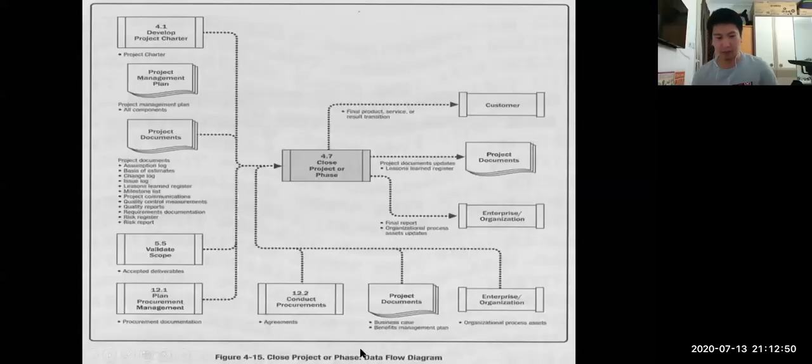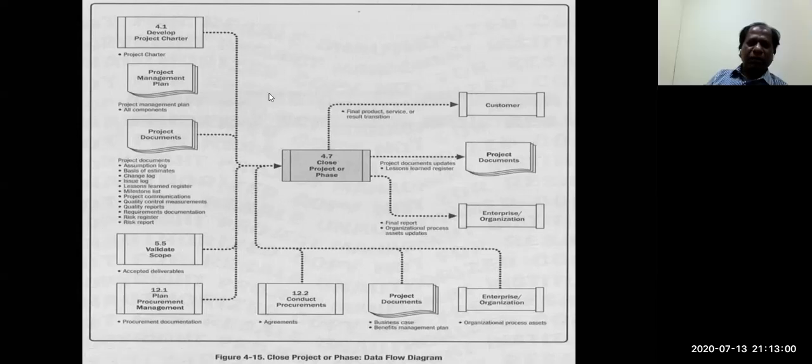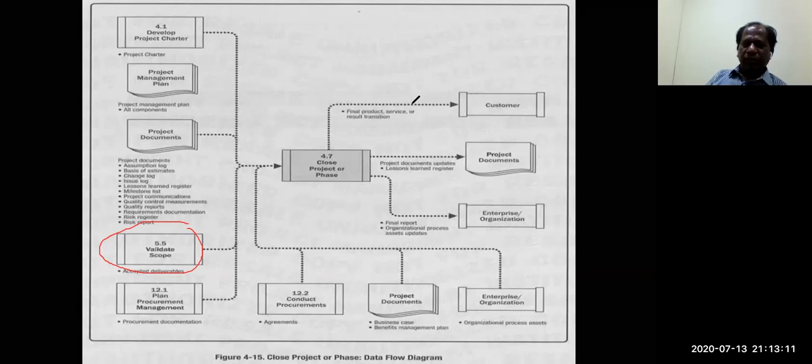Look at the process mapping. Okay. The validate scope process brings accepted deliverables into this process. When you are producing the product, this is one of the results, it goes to the customer. And final report.